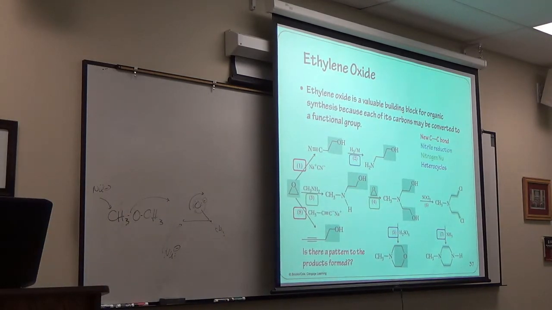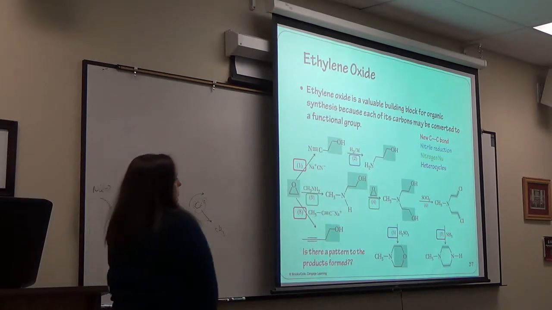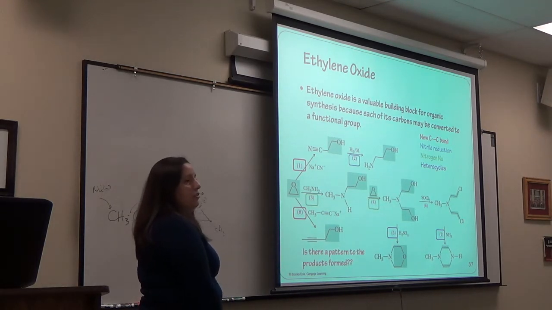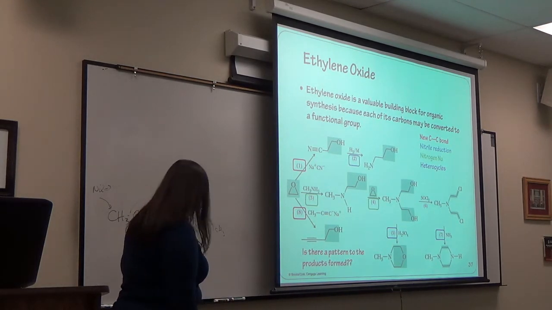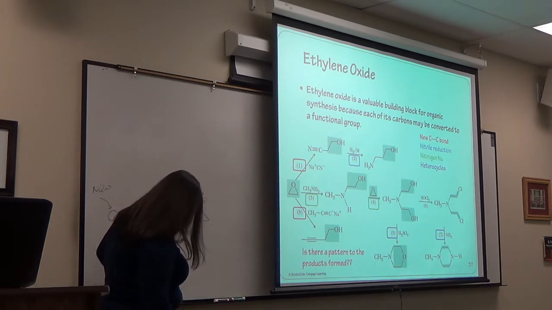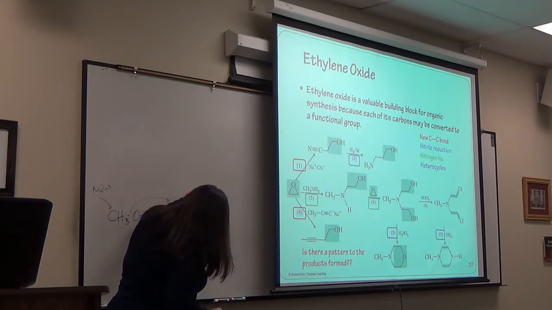So is there a pattern to all of these, though? It's highlighted for you. Can you see it? When I have an epoxide, what am I essentially adding? Carbon, carbon, oxygen.